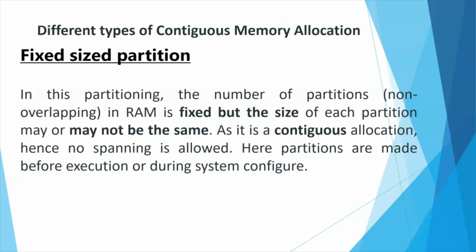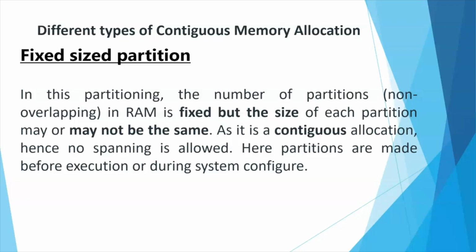As it is a continuous allocation, no spanning is allowed. Here, partitions are made before execution or during system configuration. Because it is a continuous allocation, no spanning is allowed.